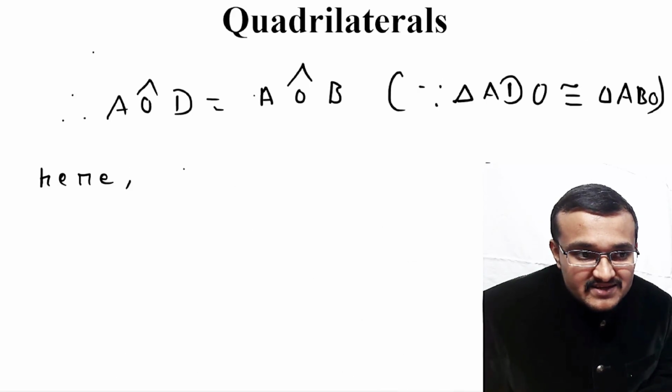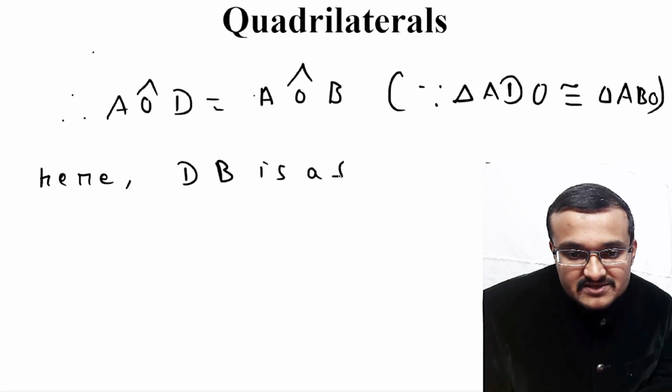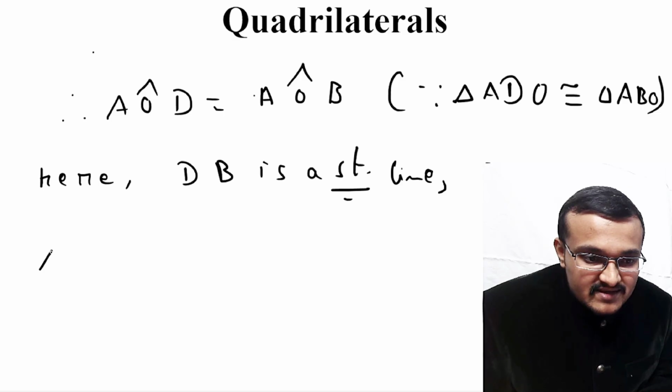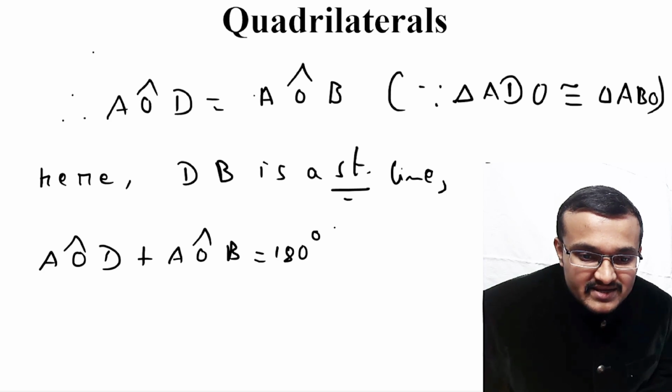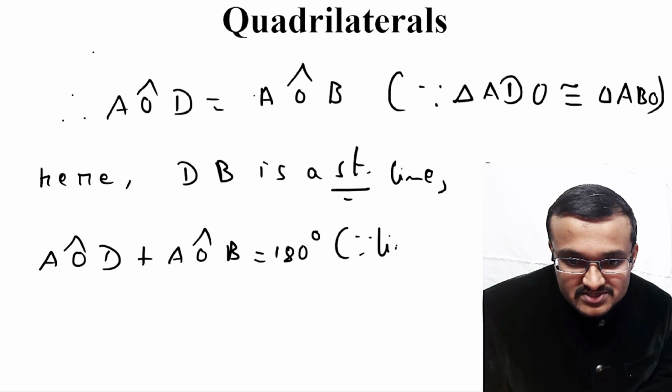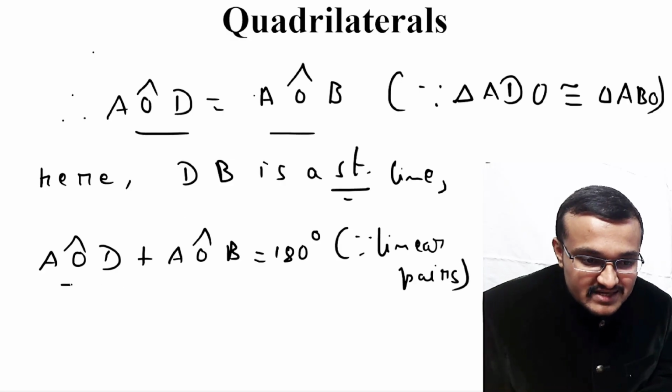We know that DB is a diagonal, so it is a straight line. Since DB is a straight line, AOD plus AOB will be equal to 180 degrees, because they are linear pairs. We have proved that AOD is equal to AOB, so in place of AOD, I'll write AOB.